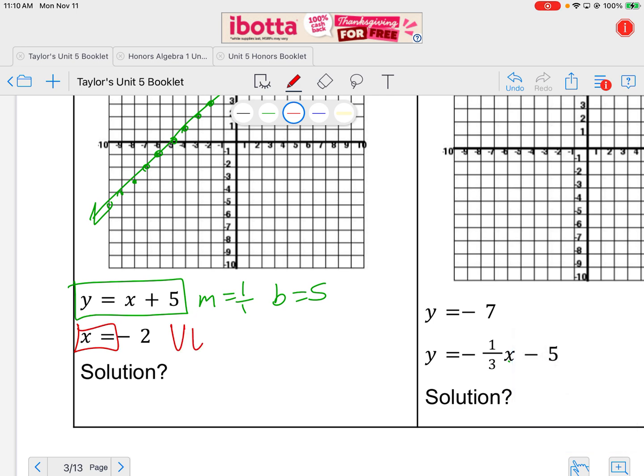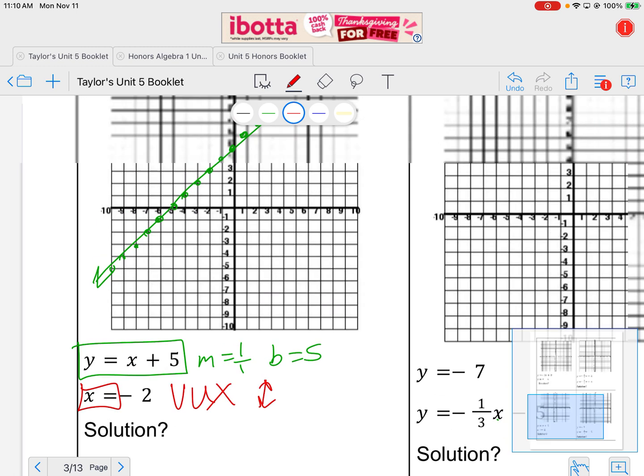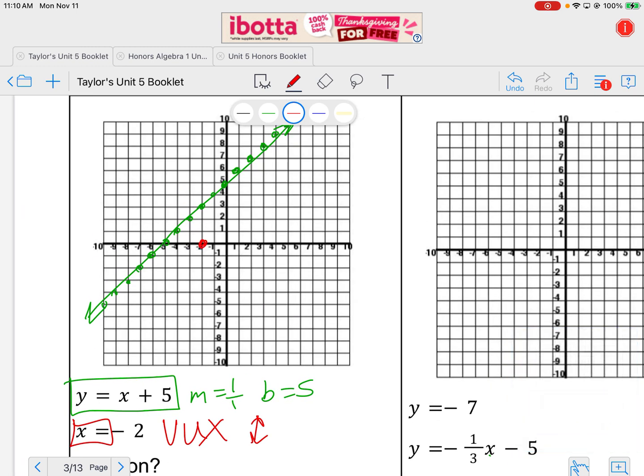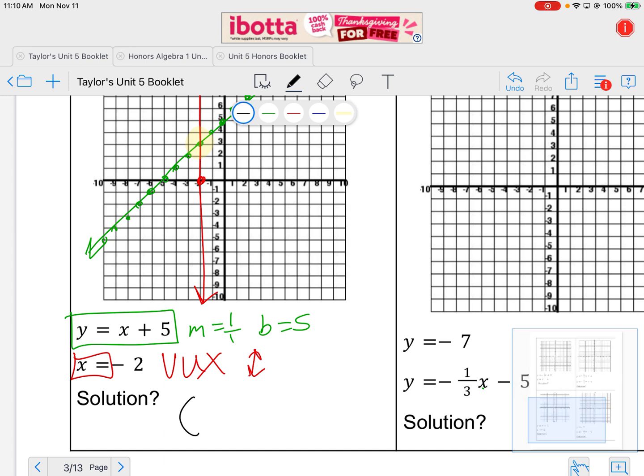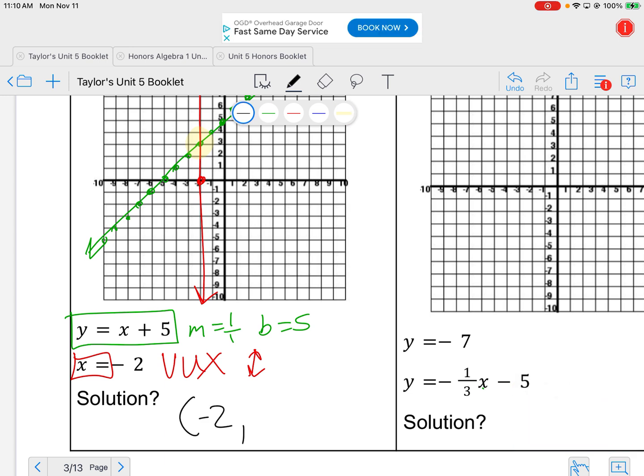So if it's x equals and there's no y, we know it's a vertical line going up and down. So I'm going to find where x is -2, and then I'm going to go up and down. So where our 2 lines meet is right there. So our solution is -2 on the x-axis and 3 on the y-axis.